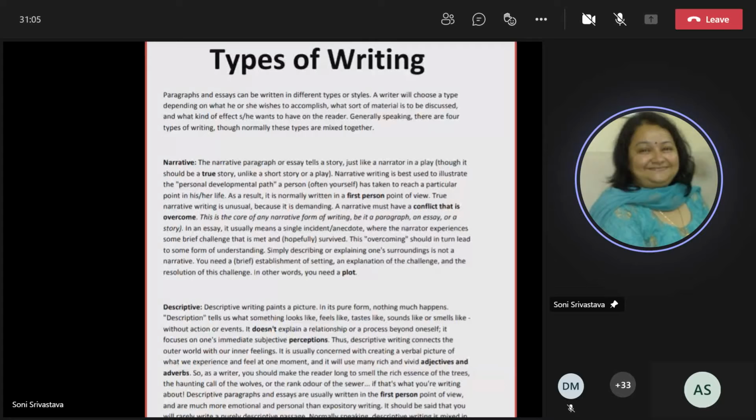Like here also I've written. Now coming to the beginning itself, paragraphs and essays can be written in different types of style. A writer will choose a type depending on what he or she wishes to accomplish, what sort of material is to be discussed, and what kind of effect he or she wants to have on the reader.